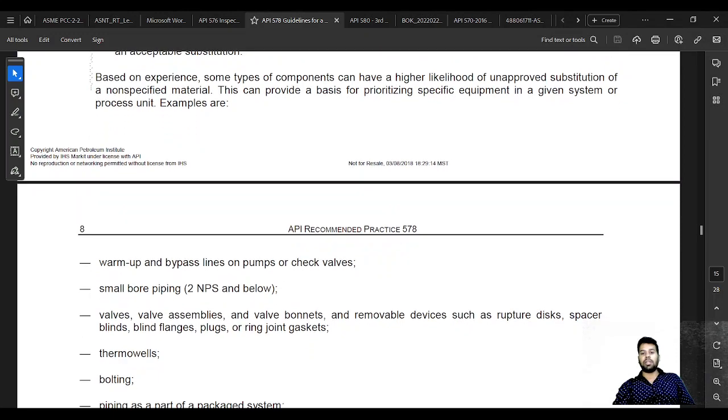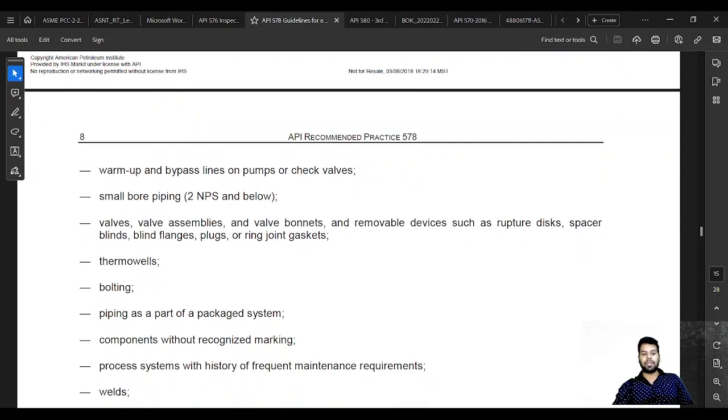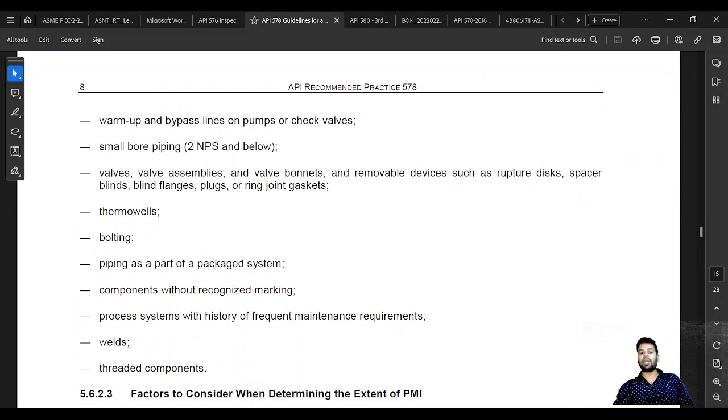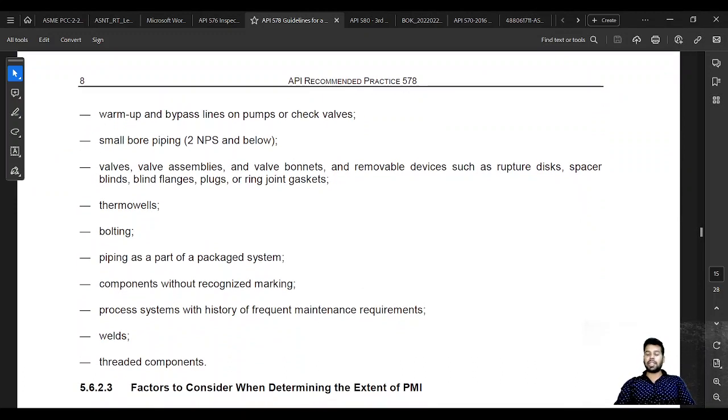Next, these are some examples that will help you identify what kind of areas would be considered higher priority when doing a retroactive material verification program for materials that are already in service.